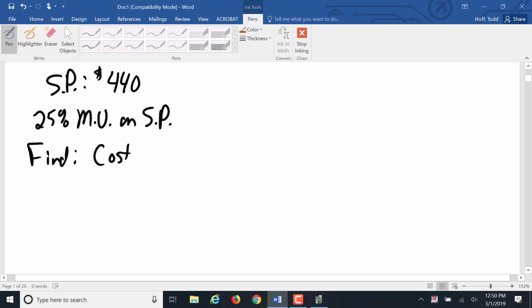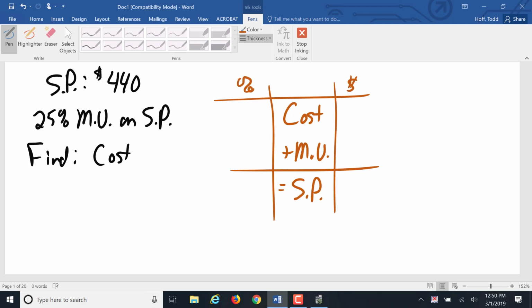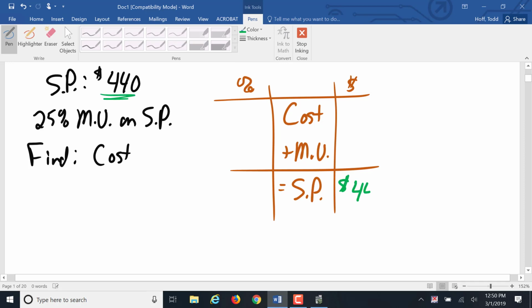So once again, the table looks exactly the same. Cost plus markup equals selling price. Percents on the left, dollars on the right. We are given $440 as the dollar amount of the selling price. 25% markup, so that'll be on the percent side of the markup.